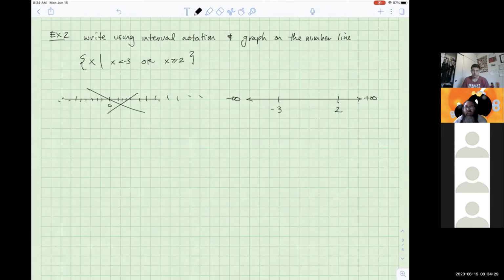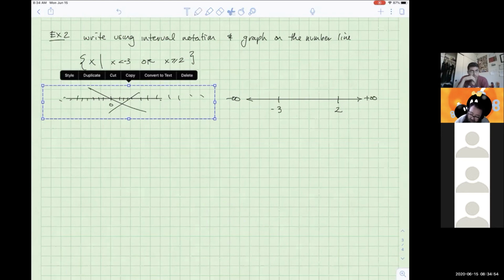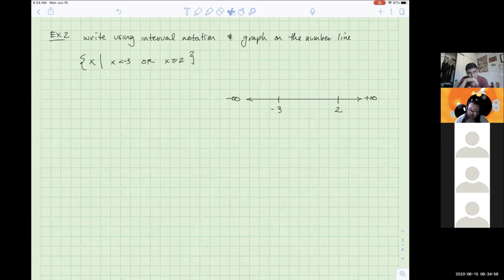It would be best when you draw your number lines if you only put the numbers on the number line that you're actually using in the problem. There's no need for you to put every single number ever on the number line. It will get crowded. You'll also notice that I didn't even put 0 on here because 0 is not one of my boundaries. And if I put 0 on there, people typically get a little bit confused and think for some reason 0 is important to the problem.